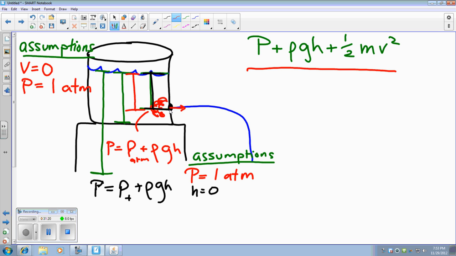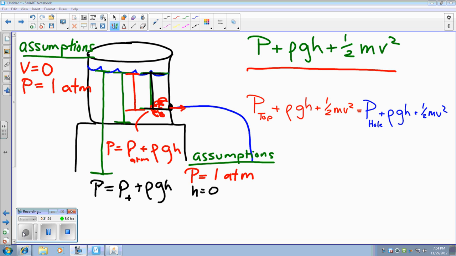Now, what I think is really important to note is that when I'm thinking about Bernoulli, there are certain variables that can all of a sudden begin to cancel out. We just concluded that the pressure at the top is equal to the pressure at the bottom. Cancels out. We just concluded that the velocity here is going to be equal to 0. Cancel it out. Depending on where you measure your height, you may be able to cancel out this portion of the equation.